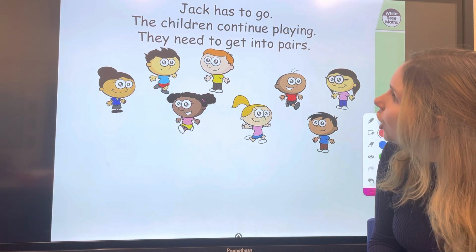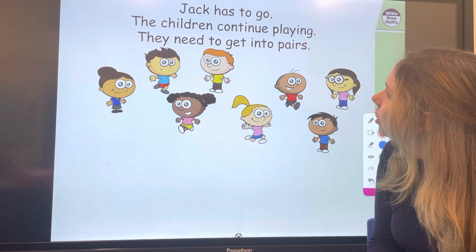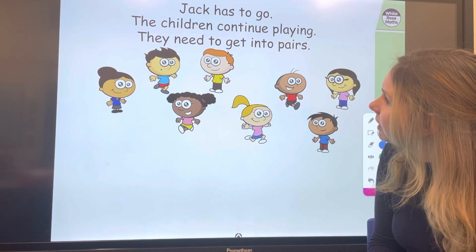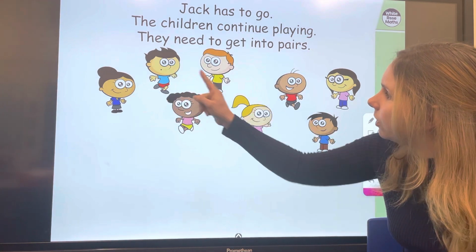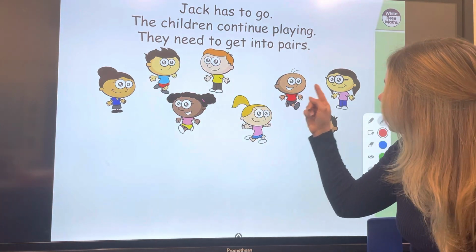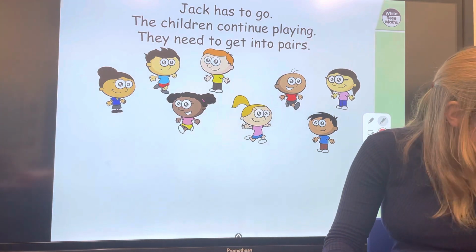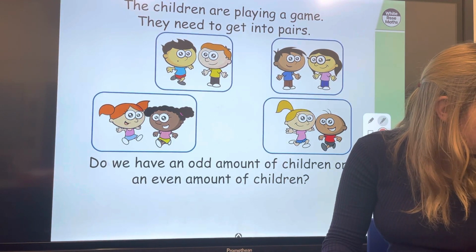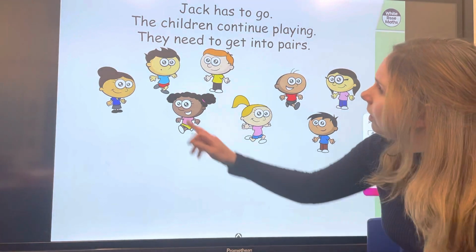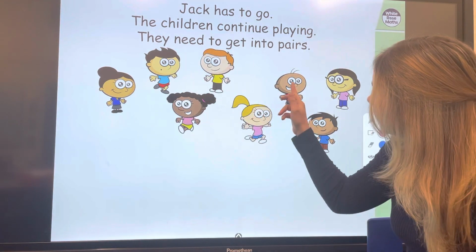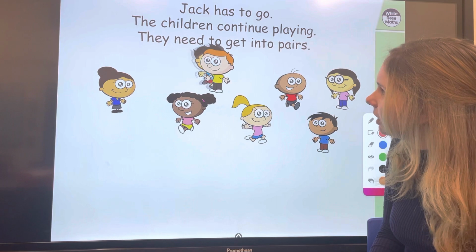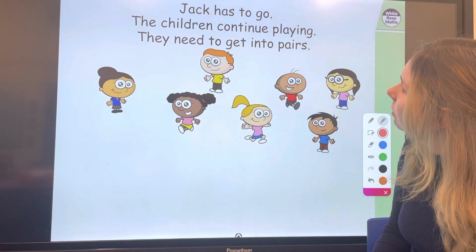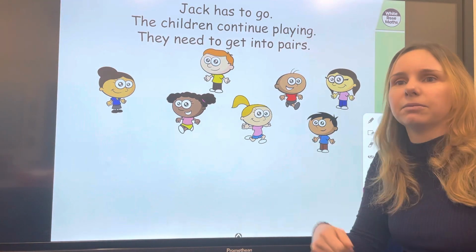Now let's have a look. Jack has to go. The children continue playing. They need to get into pairs. 1, 2, 3, 4, 5, 6, 7, 8. Mrs. Eastwood seems to have jumped a slide there. Let's have a look. What have we done? Why does Jack need to go?